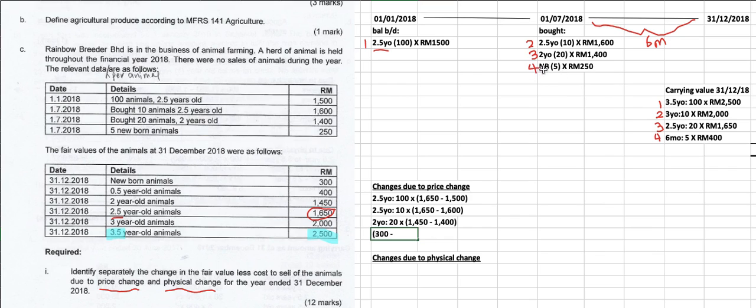This is the acquisition date, actually the date when it is born, that is 250. So you will get for each one, this one would be 15,000. And then 1,650 minus 1,600 times 10, that is 500. Next one, this is 1,000 and this is 250.